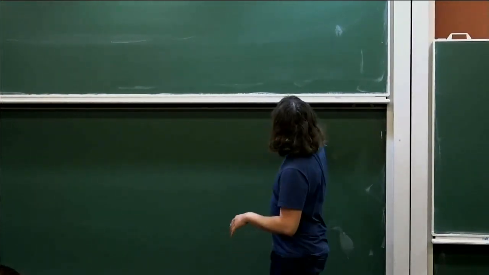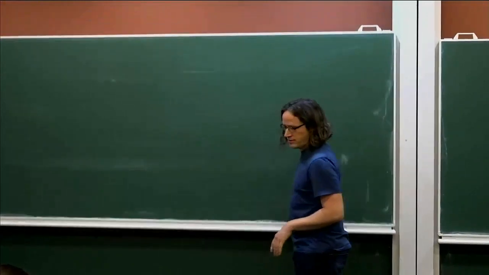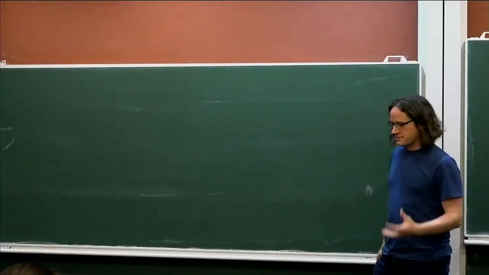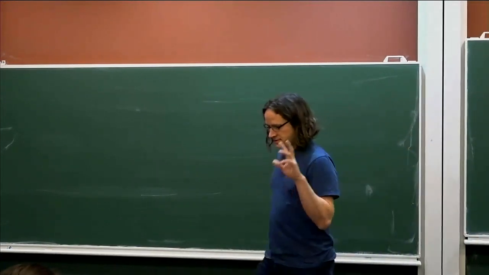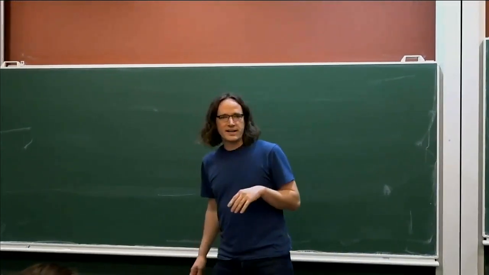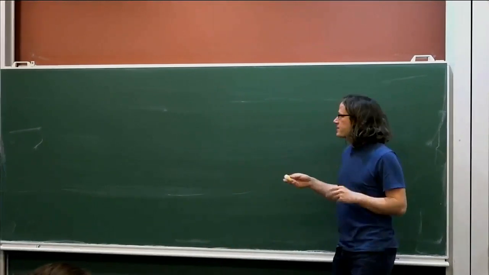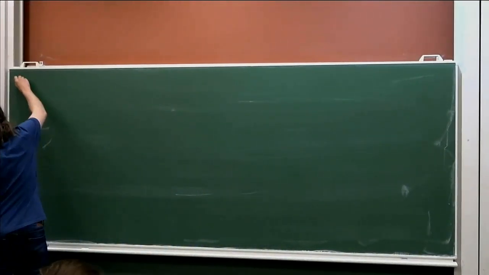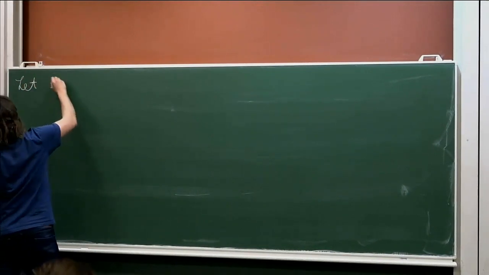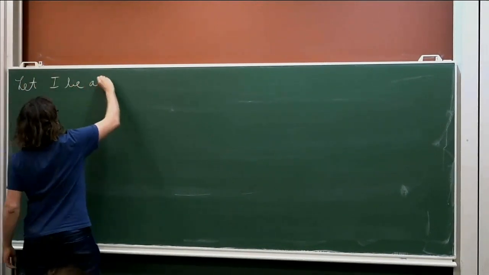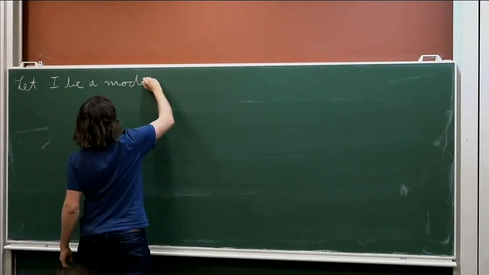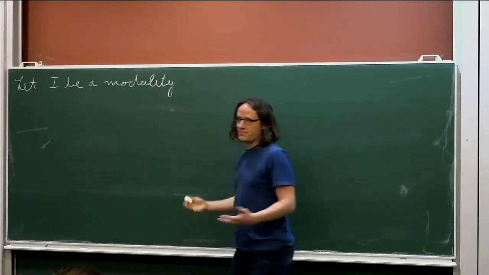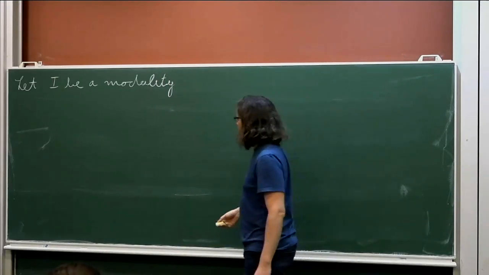So what I want to explain a bit more or zoom in on is this situation with this modality I, or the Rahmen shape, or co-reduction. That's something I will assume throughout. So let I be a modality. I'm not really assuming anything else about it besides being a monadic modality.